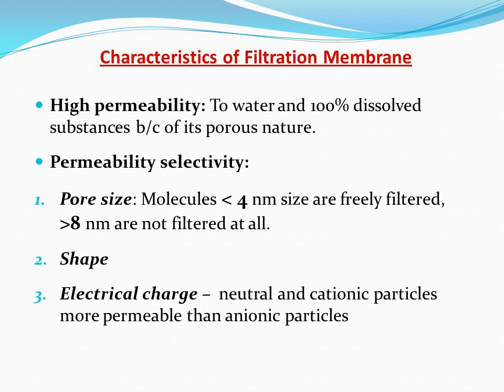So most of these anionic particles will be repelled, and if the size of an anionic particle is more than 4 nanometer, then it will not be filtered. Comparing them, the most permeable are the cationic particles, then the neutral ones, then the anionic particles. That's why albumin, a plasma protein, despite its molecular size being less than 8 nanometer, being anionic and negatively charged, is not filtered because of repulsion with the negative charge of the membrane.